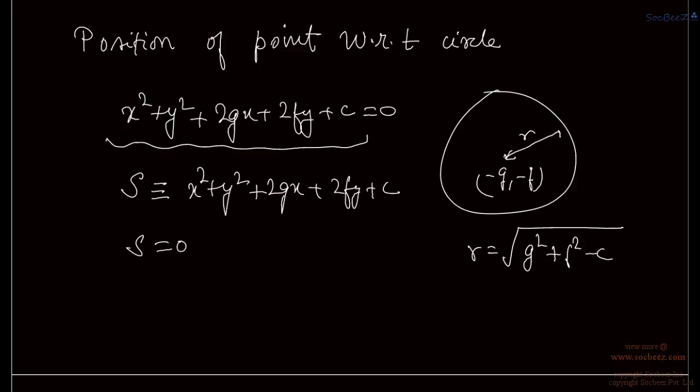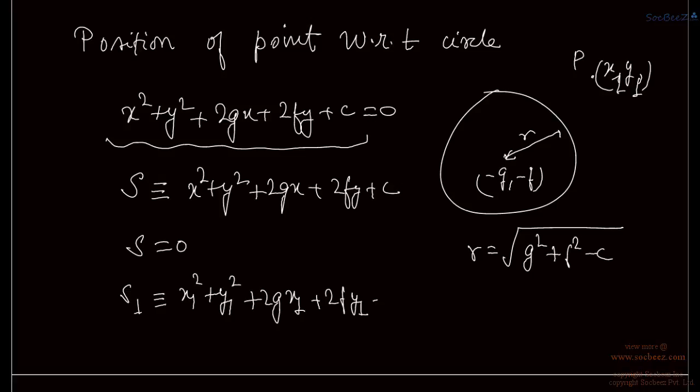Say a point (x1, y1), say this is point P, and we check whether it lies outside the circle. Then S1 means x1 square plus y1 square plus 2gx1 plus 2fy1 plus c. That means substitute this point in the equation of the circle.